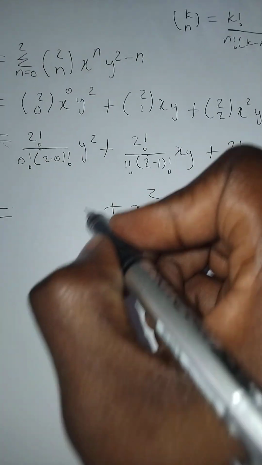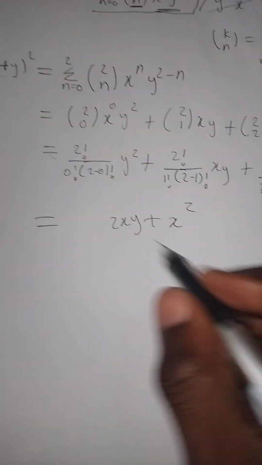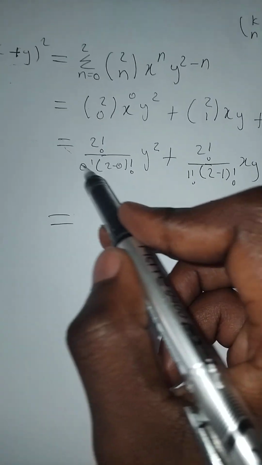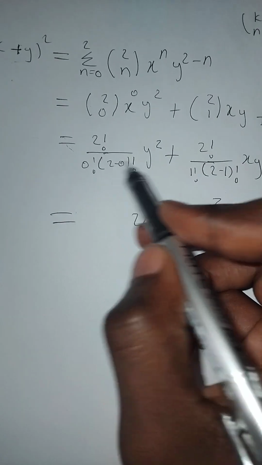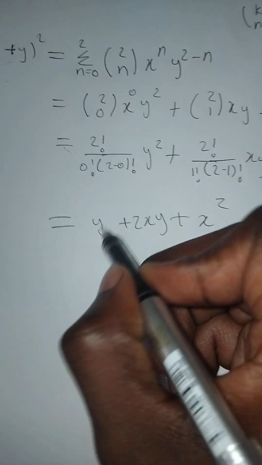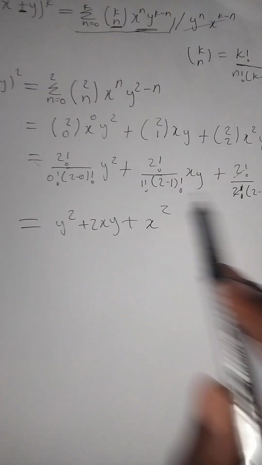Then 2 factorial is 2 times 1, so we actually have 2xy. Then here, 0 factorial is 1, and 2 minus 0 is 2 factorial. 2 factorial and 2 factorial cancel each other, so we basically have y squared. So this simplifies to y squared plus 2xy plus x squared, just like that.